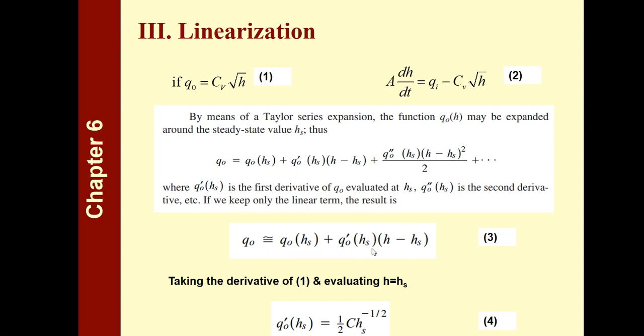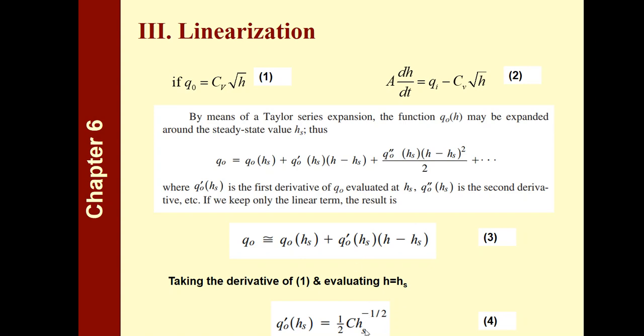What do we do with the first two? These first two will replace the original. We will evaluate the q sub o here in terms of its derivative, because it's needed here. You could see that you have q sub o prime of h of s. So meaning you are to get the first derivative of this, which is this one, and plug it in here.